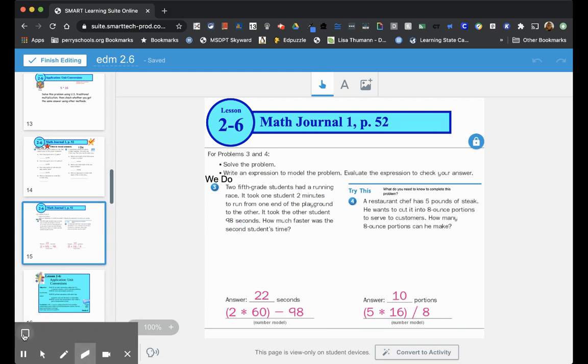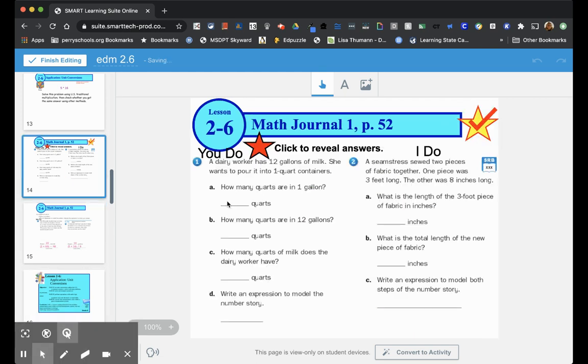So now what I would like you to do is to go back up to number 1. A dairy worker has 12 gallons of milk. She wants to pour it into 1-quart containers. You need to first ask yourself how many quarts are in 1 gallon. Then you need to ask yourself how many quarts are in 12 gallons. And then how many quarts of milk does the dairy worker have altogether?